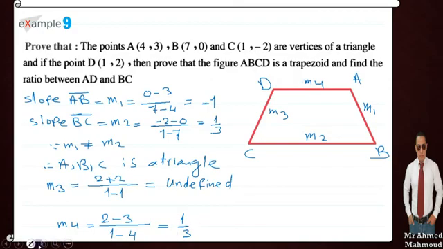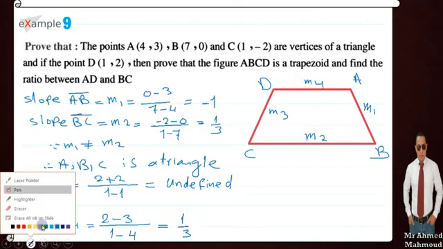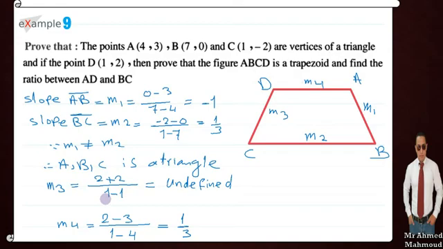Okay, here we find that M2 equals 1 over 3, M4 equals also 1 over 3, and the two other slopes are not equal.